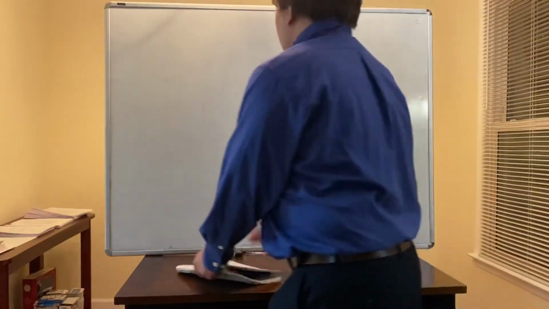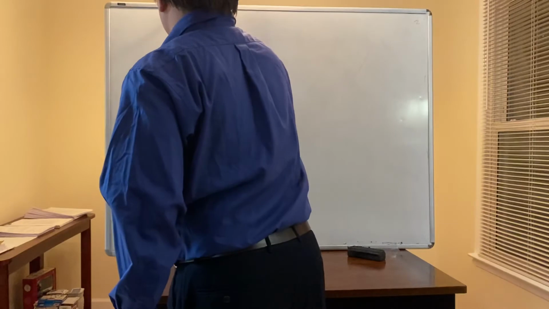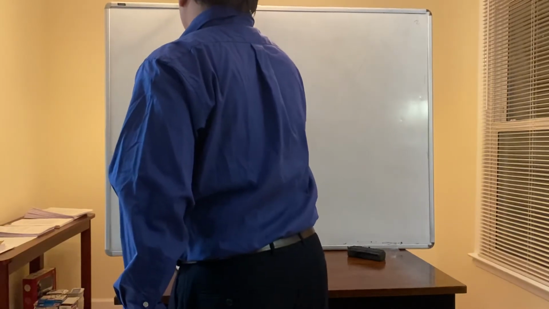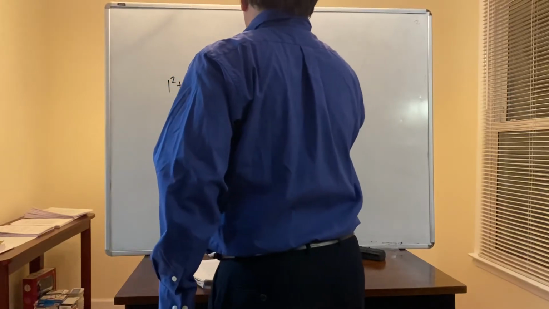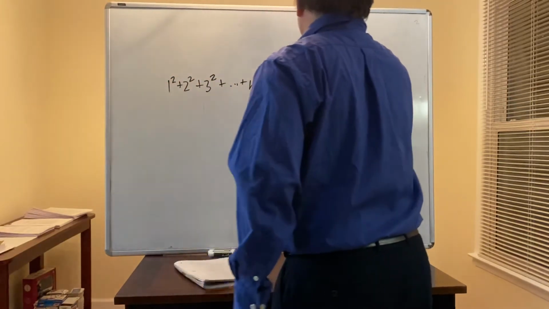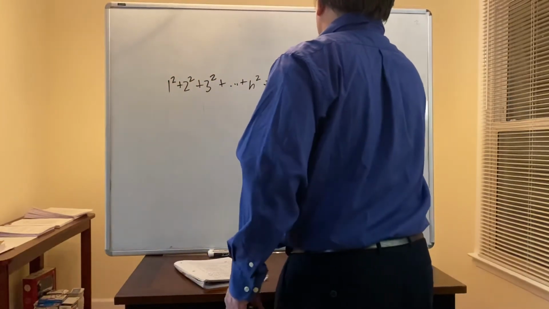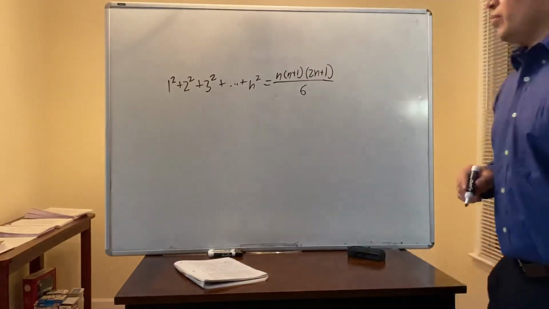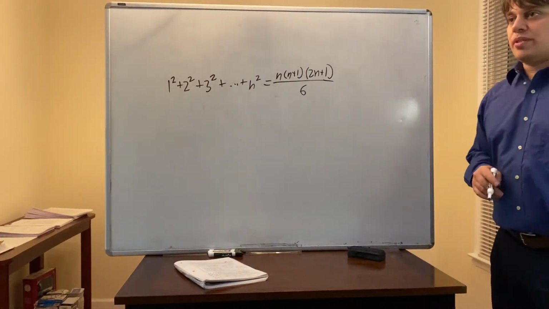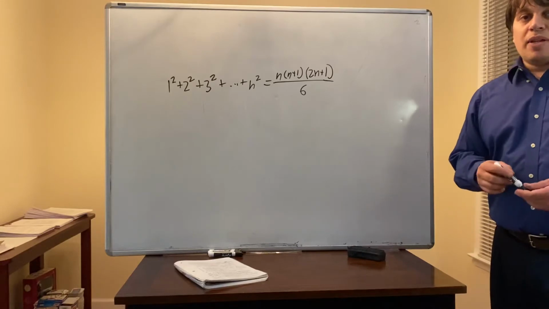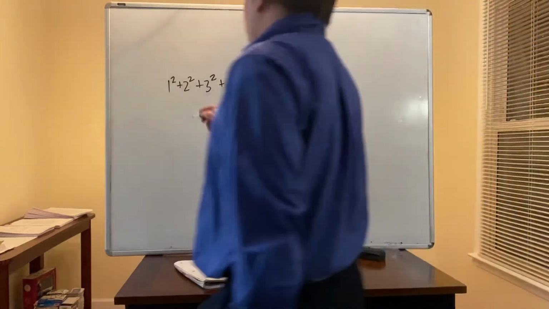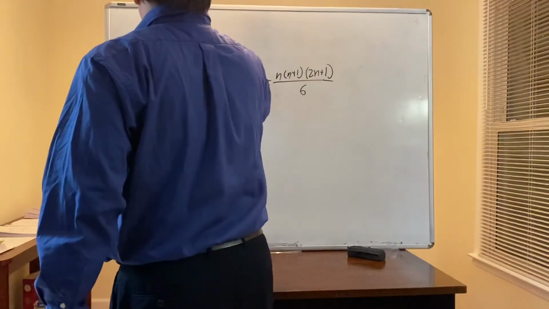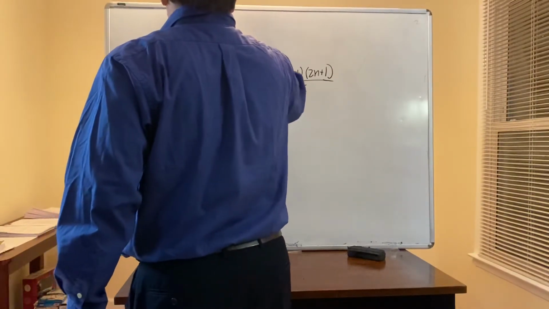In that example, we used the formula 1 squared plus 2 squared plus 3 squared plus dot dot dot plus n squared equals n times n plus 1 times 2n plus 1 over 6. And that's an important formula to use for these type of problems, the limit of R sub n or limit of L sub n.